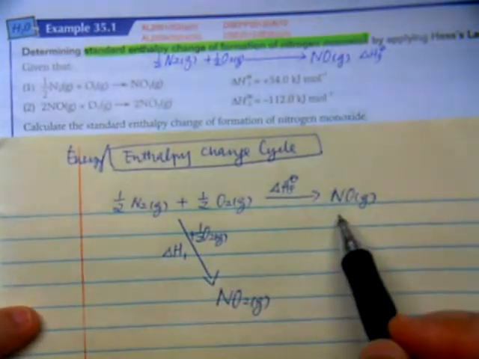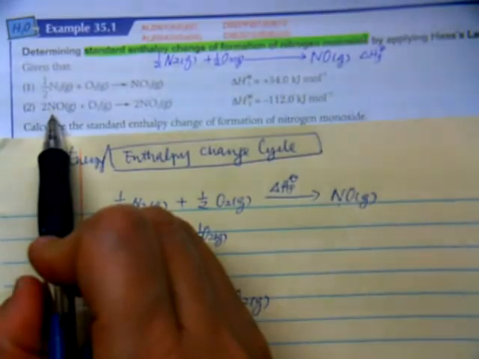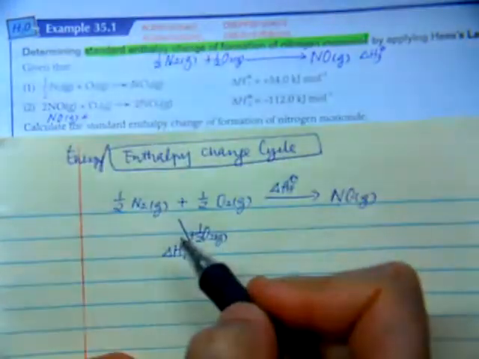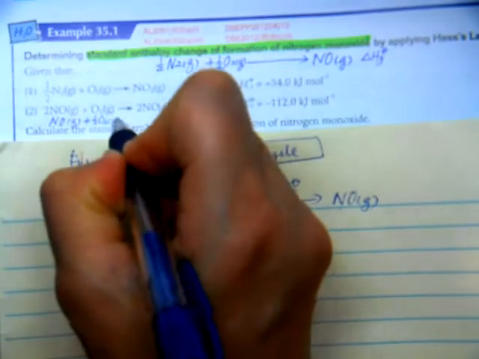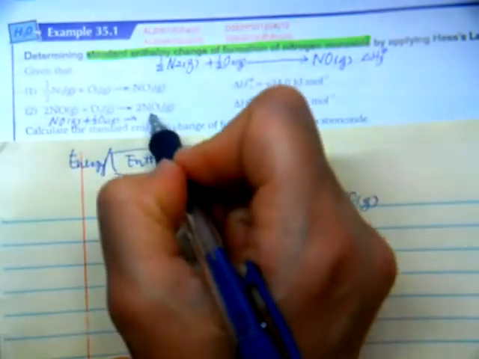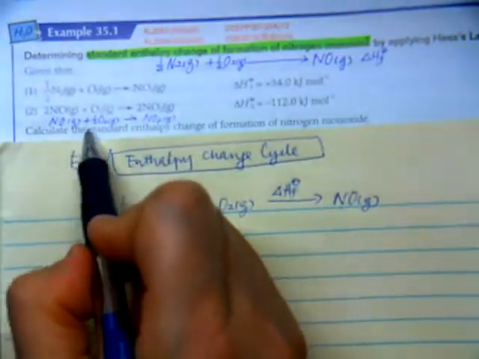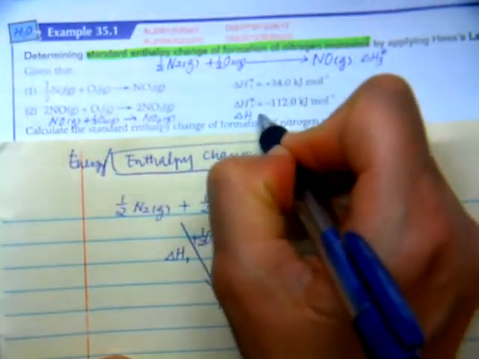In our cycle, we need only 1 NO, but here there are 2 NO, so you need to do something. That is, divide this equation by 2 before you draw anything. In dividing this equation by 2, do you remember what the delta H should be?